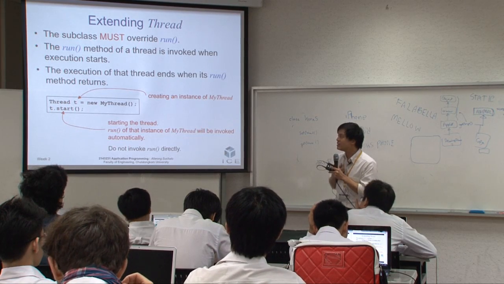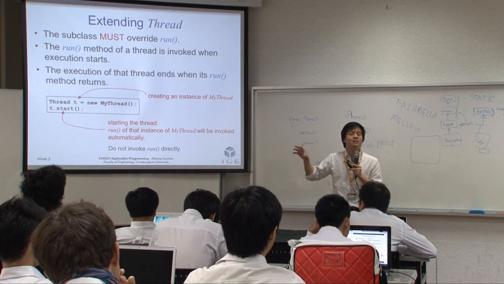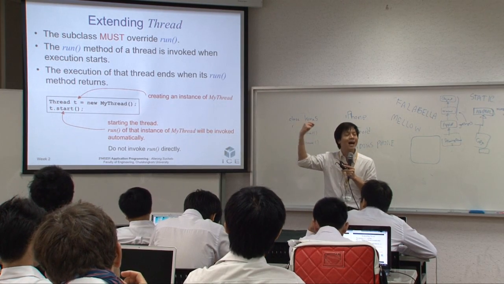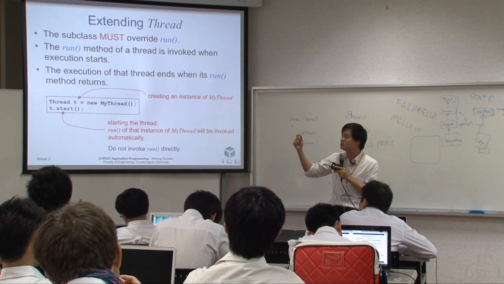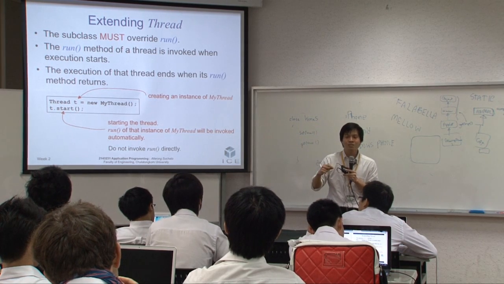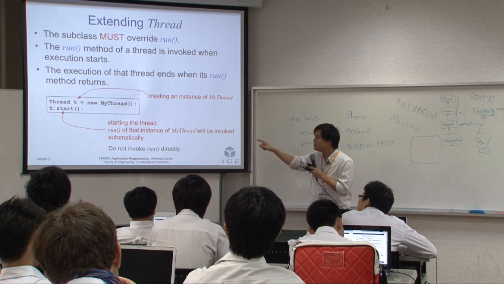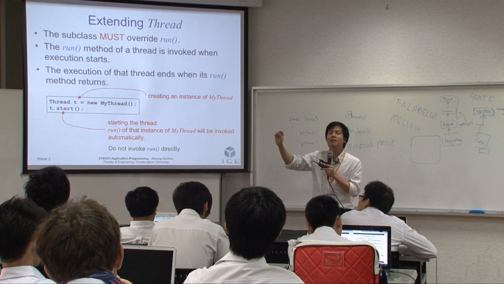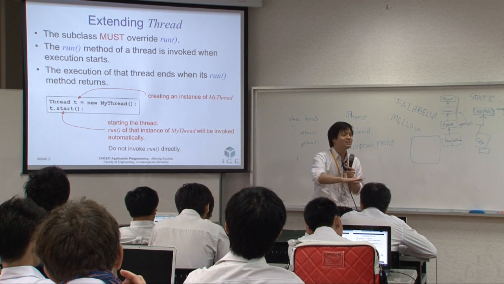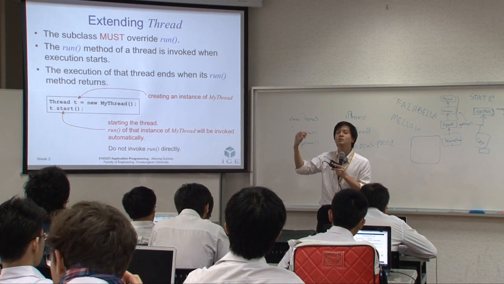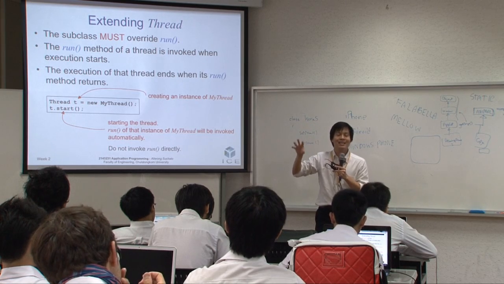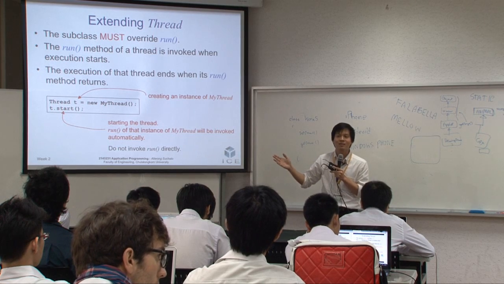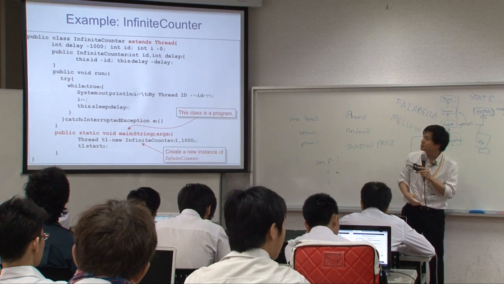The default behavior is that run actually contains the logic of what our thread is going to do, but in order for other people or other programs or other classes to invoke this action, it is agreed that you do not invoke the run method directly. You invoke the method start. And behind the scenes, the framework will do something, and eventually the method run of your class will be performed, right?